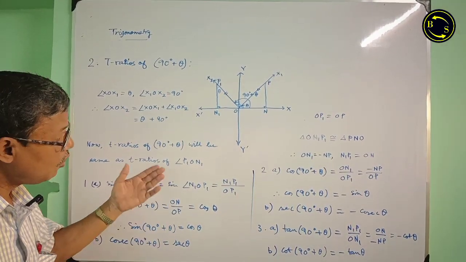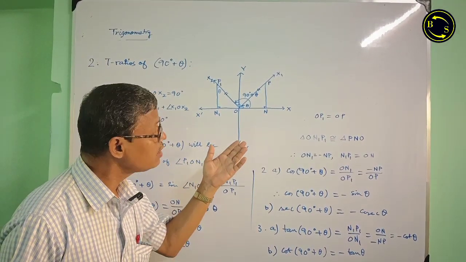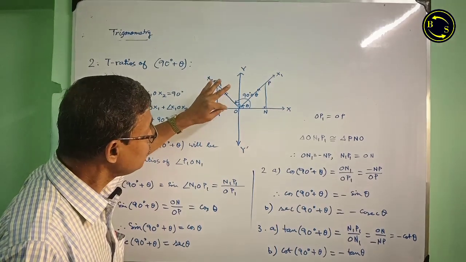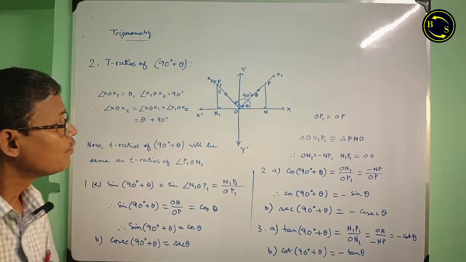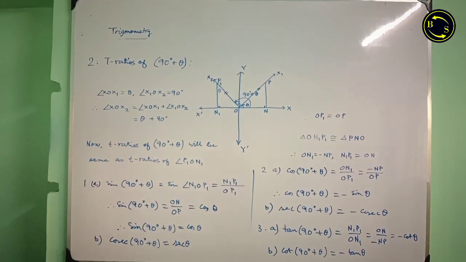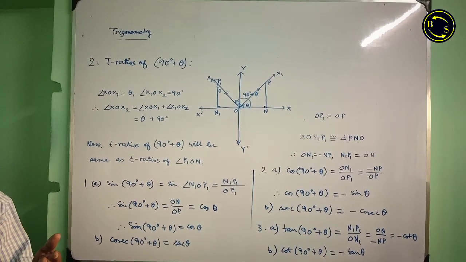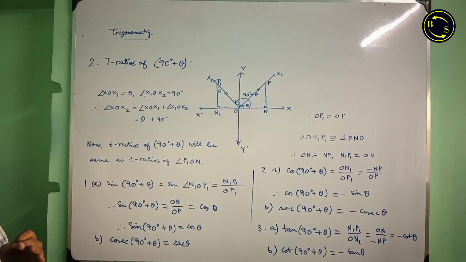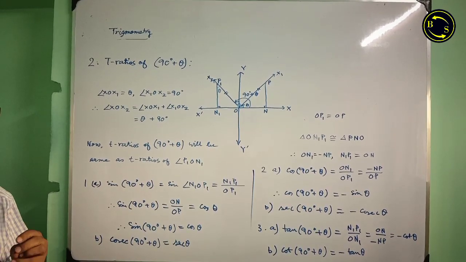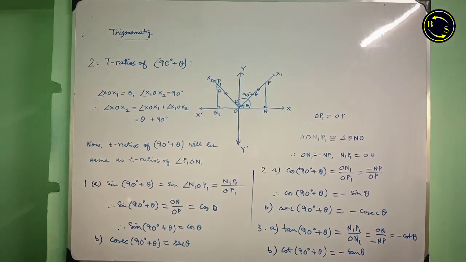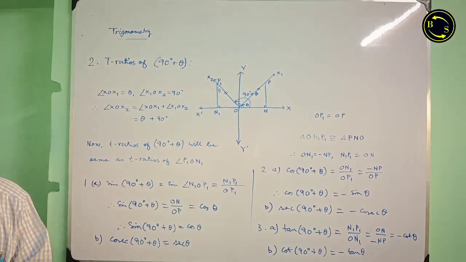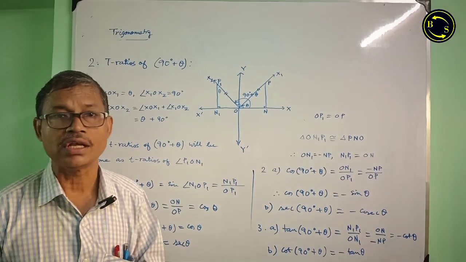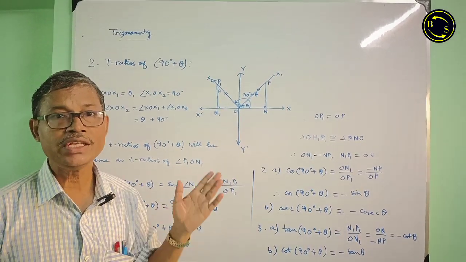Remember, in all cases we have considered with respect to the original triangle ONP. Thus, we have found trigonometrical ratios of negative angles as well as of 90 degree plus theta. Now, we shall move to find the trigonometrical ratios of 180 degree minus theta. For that, we need a diagram.